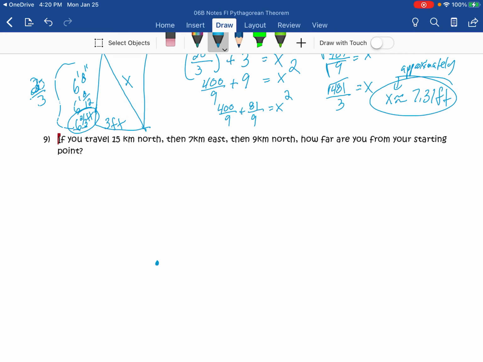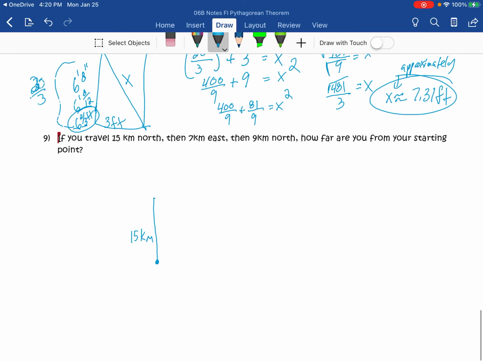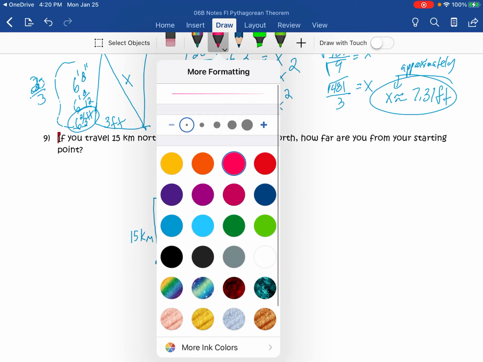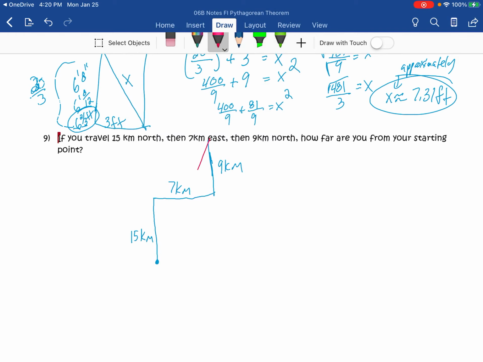So, last one, I promise you. If you travel 15 kilometers north, then 7 kilometers east, then 9 kilometers north, how far are you from your starting point?